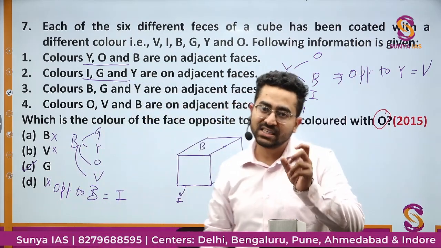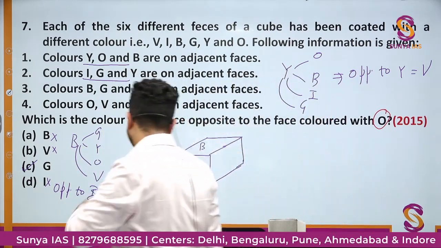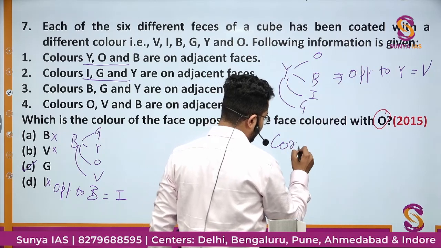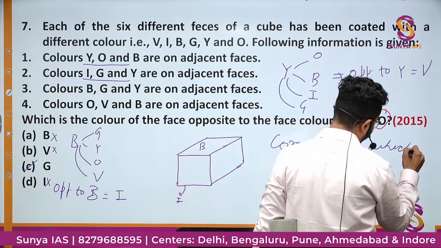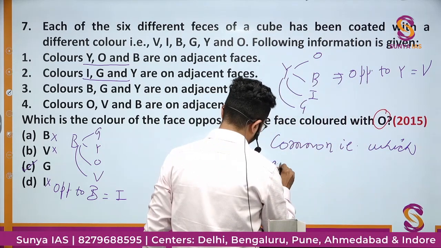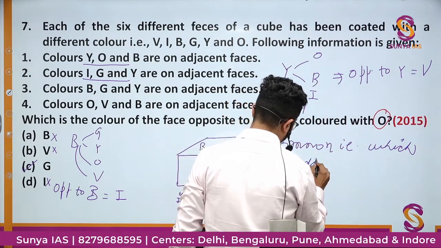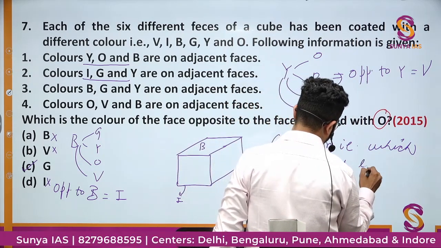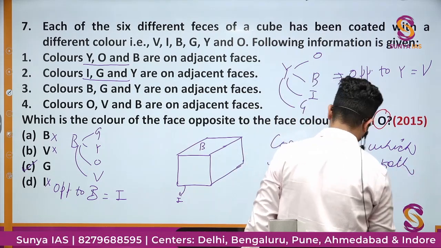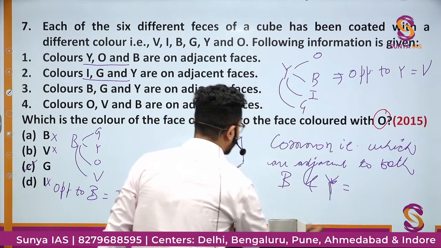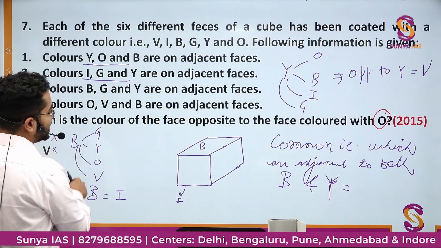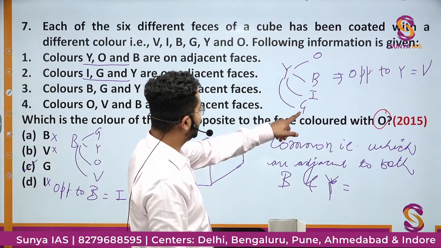Common who are adjacent both to B and Y. कौन कौन से हैं? G, Y, O, V. G, O.